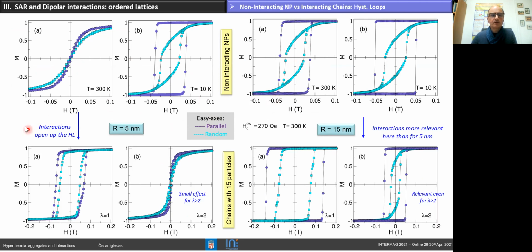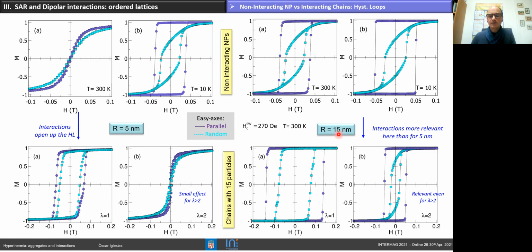When we compare these results with chains of particles, in which we can tune the interparticle distance, lambda, we see that the interactions open up the hysteresis loop for the small particles, which were otherwise superparamagnetic. This effect is smaller as we increase the separation between particles, but still persists.